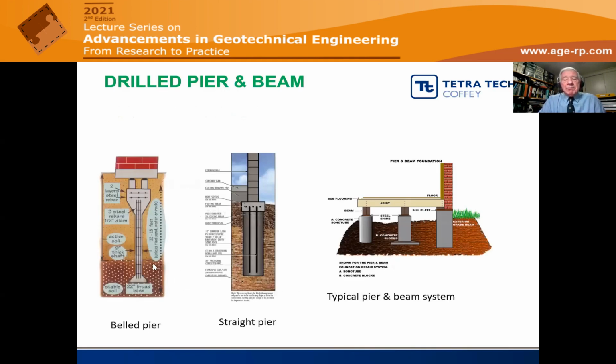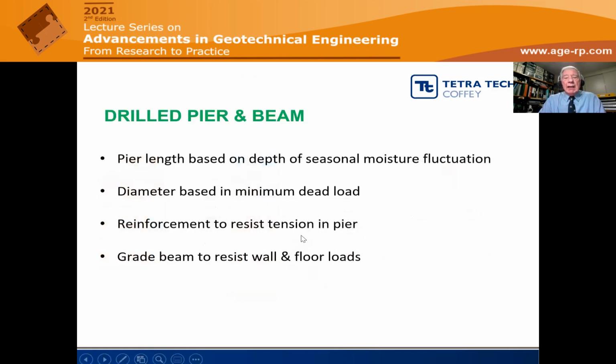Here's a pier and beam solution that you now have your structure either on a bell pier or on a straight pier, and here you may have a slab and a wall which is supported on that sort of system. And I'll say a little bit more about piers and expansive soils tomorrow.